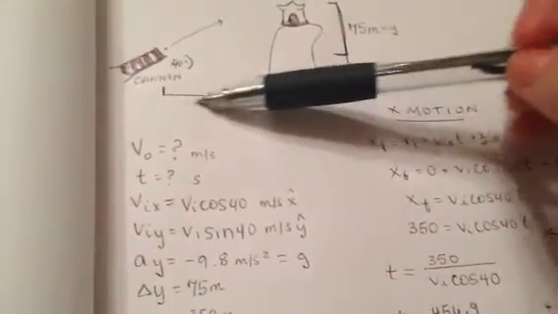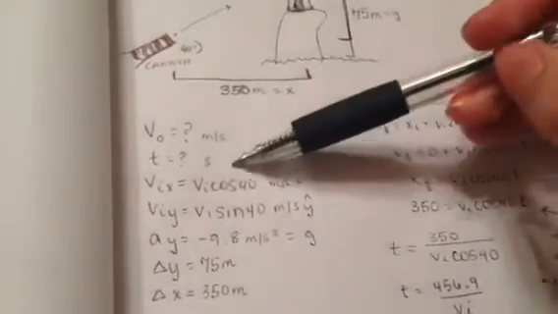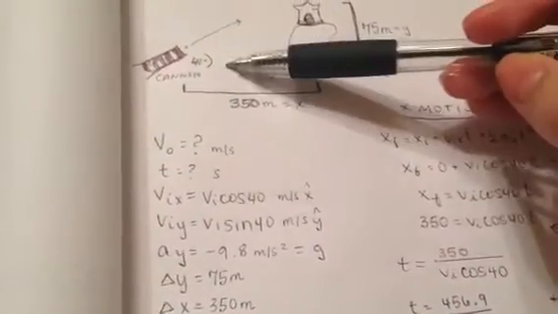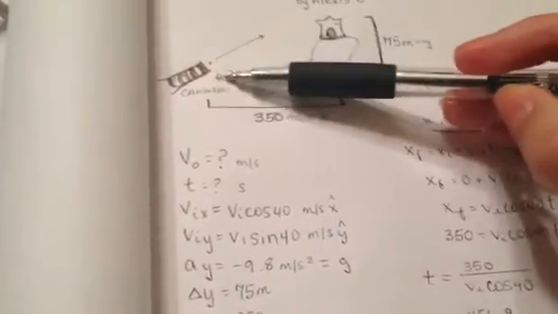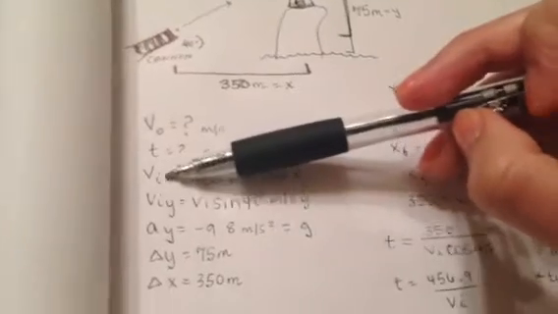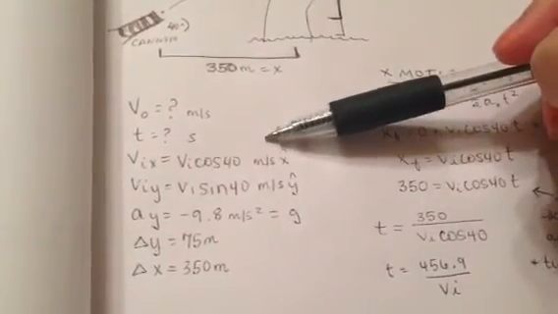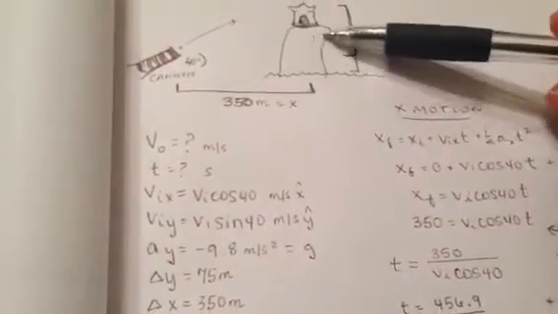Well, we know the angle. Because cosine is adjacent over hypotenuse, and the hypotenuse is the initial velocity, we could say that the velocity in the x direction is vi cosine 40, and the velocity in the y direction is vi sine 40.